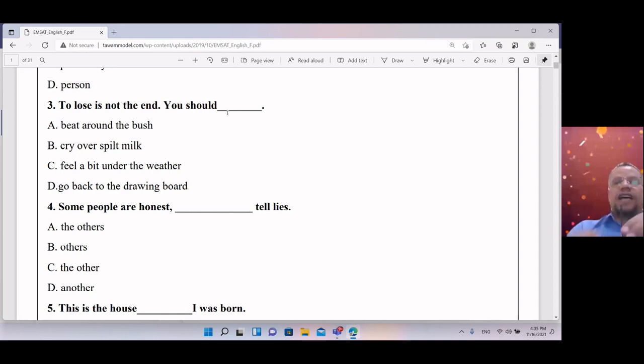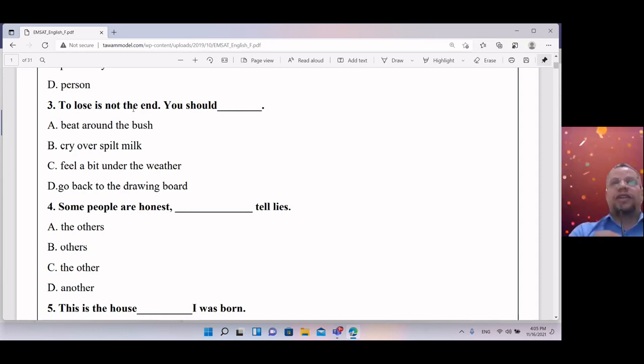You don't have to translate the English idiom word by word; it has only one general meaning. You have to know it. So the answer is about what comes after losing. For example, this is not the end after losing something. So you should beat around the bush, cry over spilt milk, feel a bit under the weather, or go back to the drawing board. The meaning here is it's not the end.